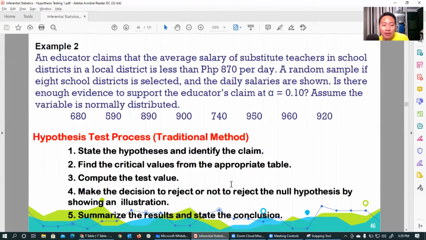A random sample of 8 school districts is selected and daily salaries are shown. Is there enough evidence to support the educator's claim at alpha 0.10? Assume the variable is normally distributed. So I'm going to give you 5 to 7 minutes, guys, or 10 minutes. It's already 3:29, so I should get back to you at 3:39. You should have a complete answer for the 5 steps. Go.